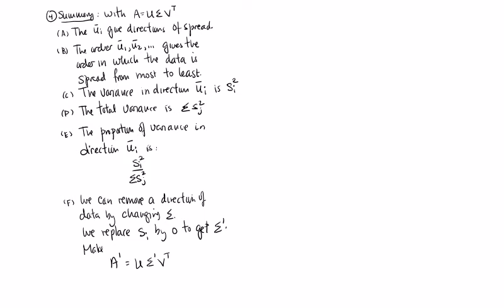And when we do so, of course, if the variance is small, in other words, if the s_i we remove is small, then the difference between the two matrices, between A and A prime, is small.